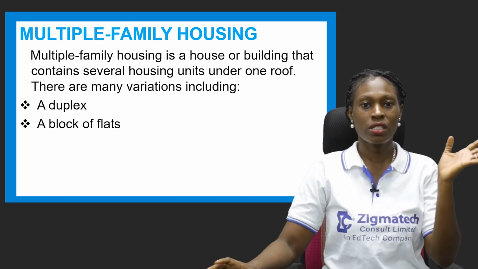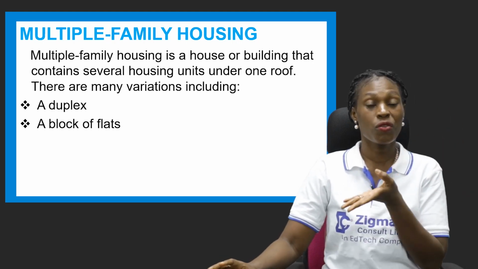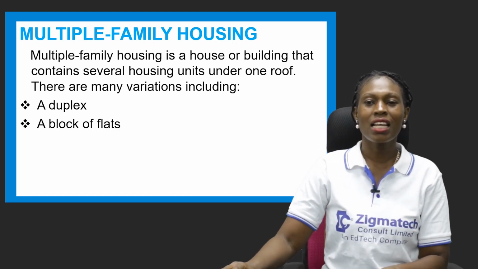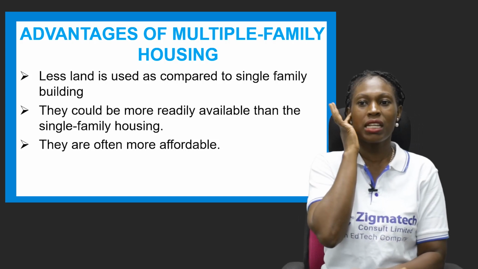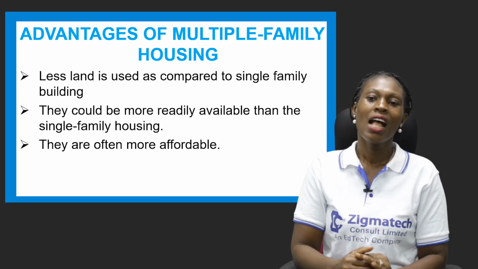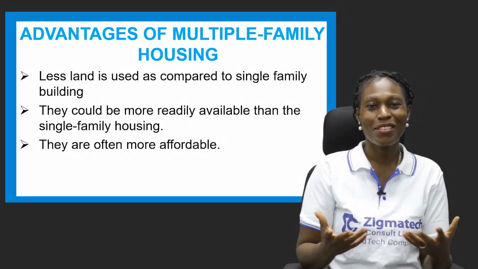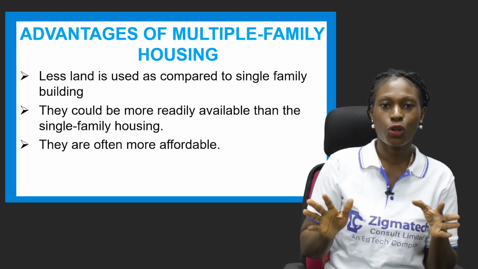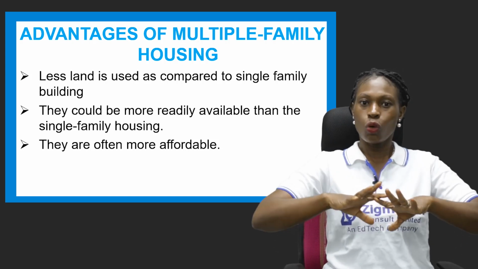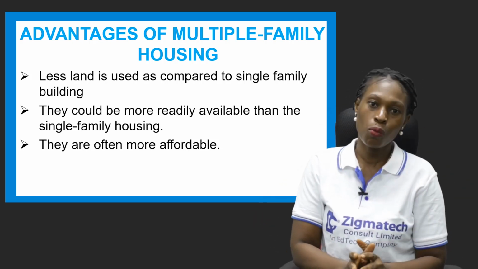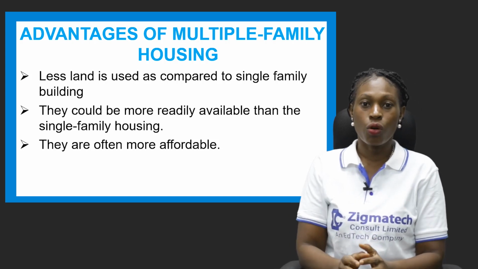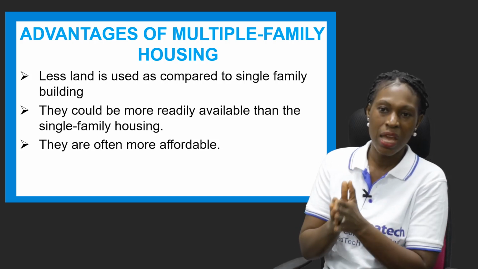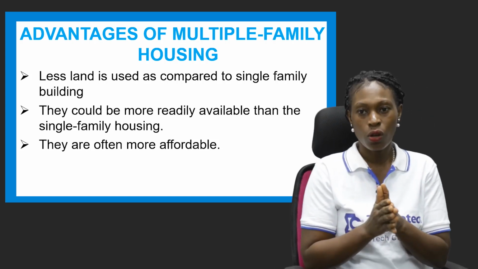So there are various variations of multiple family housing, such as your duplex or a block of flats. Now, let's look at the advantages of multiple family housing. Less land is used as compared to single family building, if you remember. If you're renting it out, you don't need too much space, not much land.